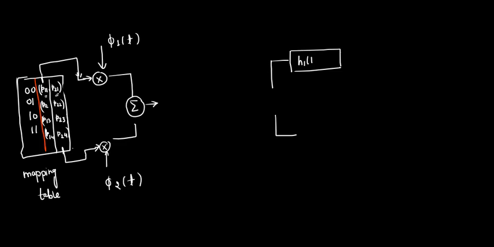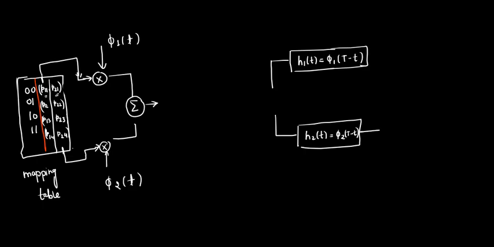But this match filter will now be matched with phi 1, and the second match filter will have impulse response phi 2 t minus t.